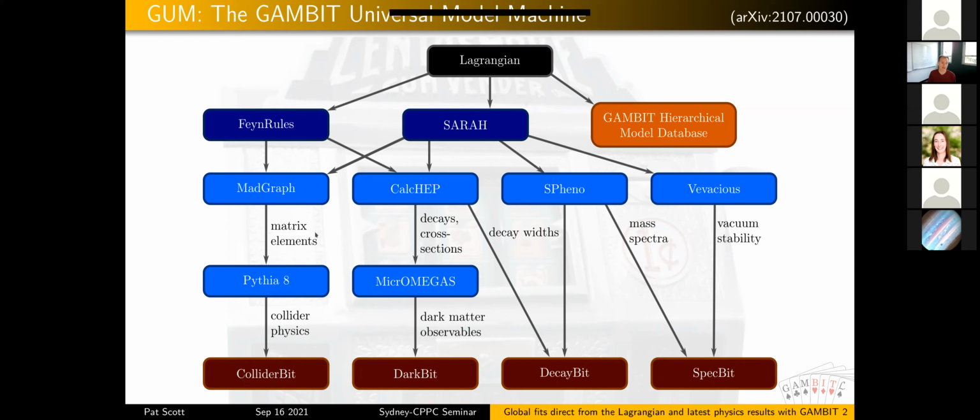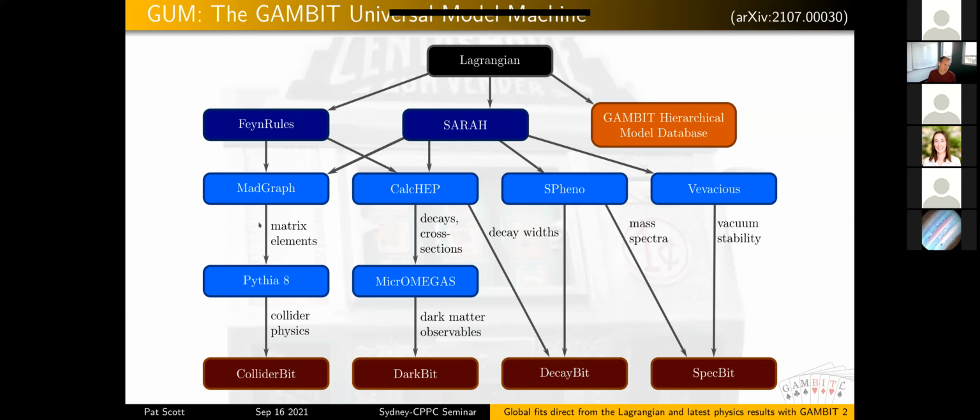So you can use MadGraph to generate matrix elements, CalcHEP to generate code to give you decays and cross sections, SPheno to also give you decays but also spectrum generation code, and Vevacious to give you code to compute vacuum stability.